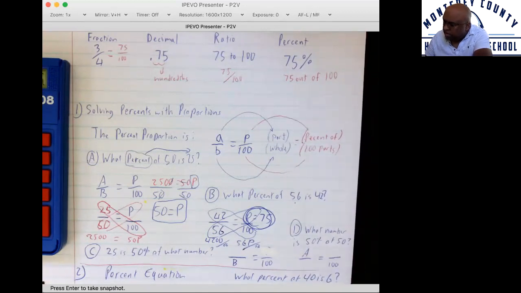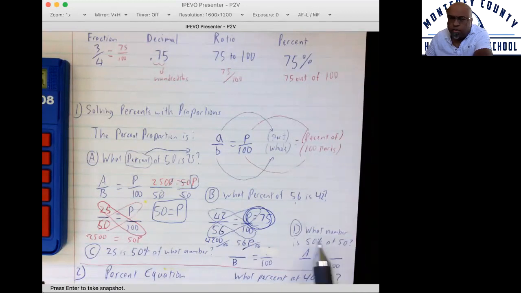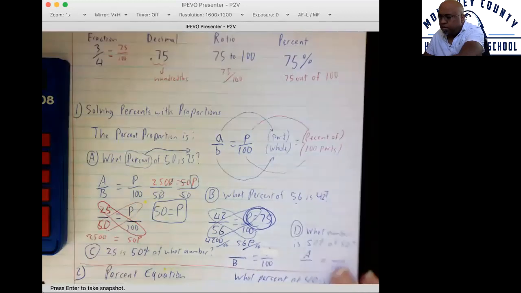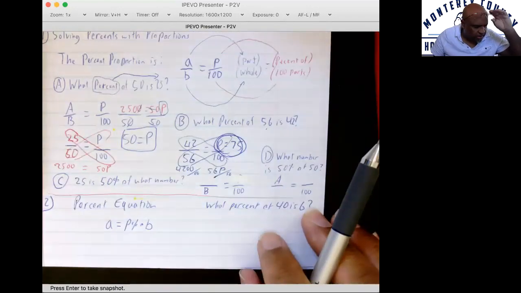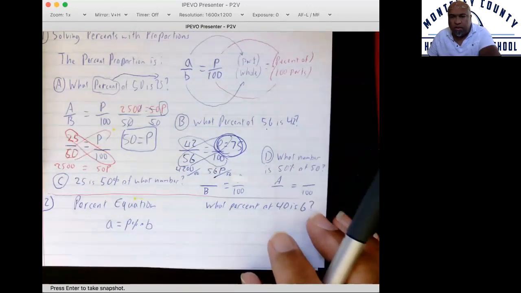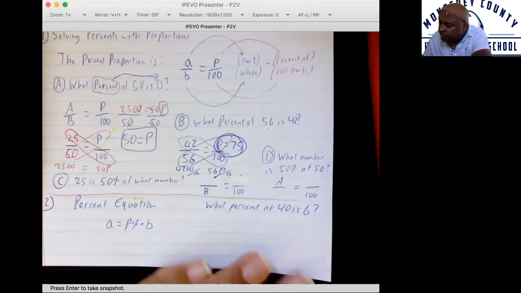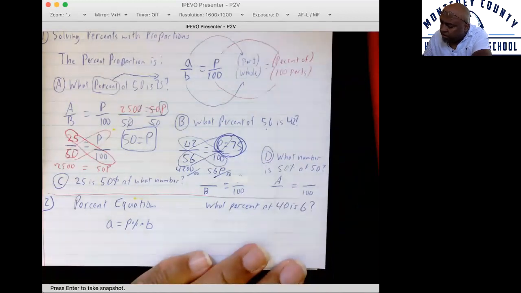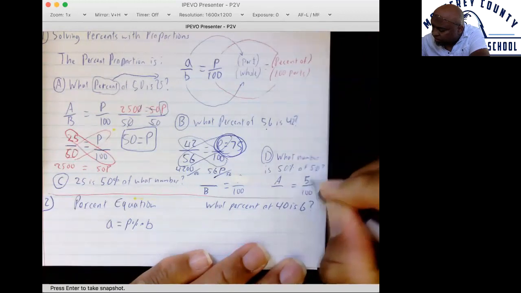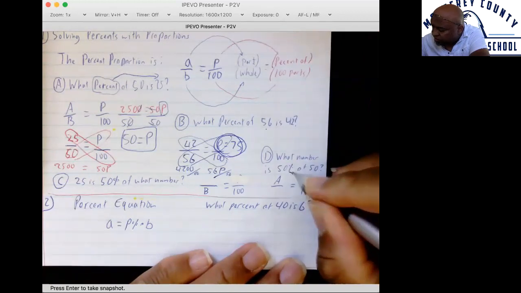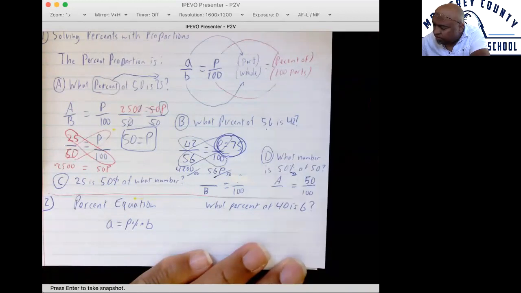Okay? Now in this question, it's saying what number is 50% of another number. So in that case, the percent is actually already given. So I'm going to go ahead and write 50 in here, representing the 50%.